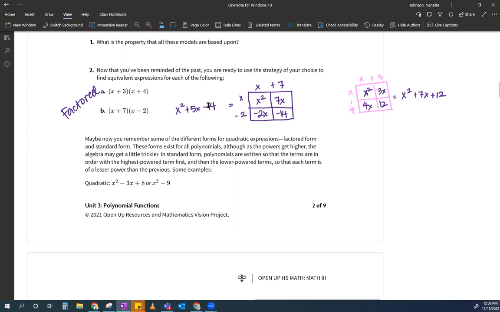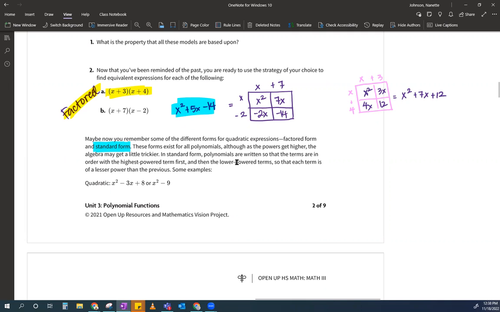And then standard form, this is standard form over here. Let me just highlight so you all remember. Factored form looks like this, and standard form looks like this. Standard form is the way they'll usually give it to you. These forms exist for all polynomials, although as the powers get higher, the algebra may get trickier.